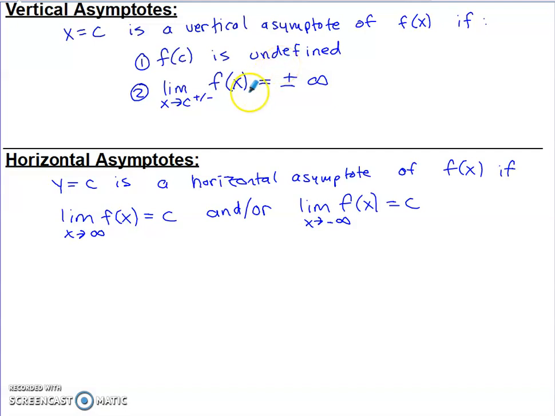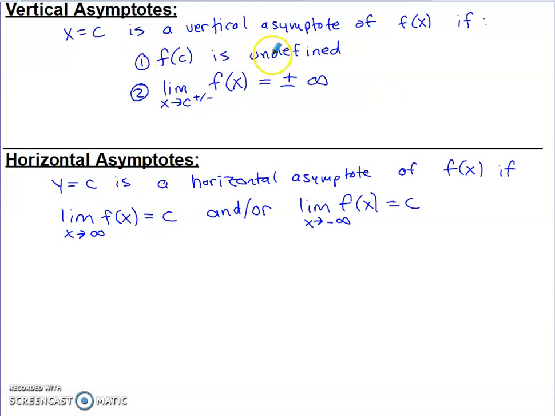More importantly, if you check the limit as you approach that location where your function's undefined from either the bigger and or the smaller side, if you are able to show that your graph is moving up off the coordinate plane to positive infinity or down off the coordinate plane to negative infinity, you've shown that that is the location of a vertical asymptote. So two things: where's the function undefined? Do I get a limit answer of positive infinity or negative infinity as I approach that x from either side?